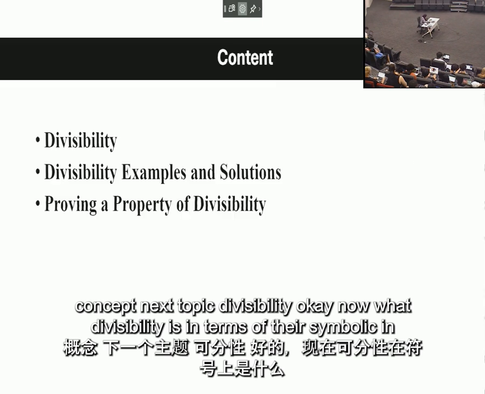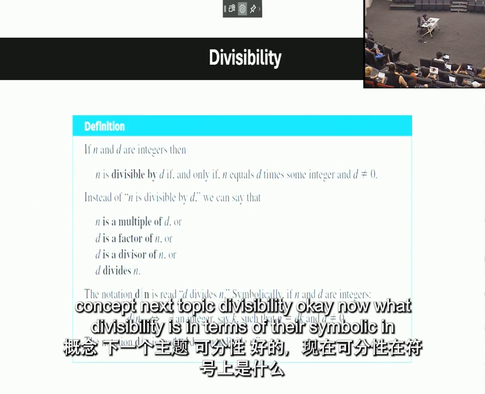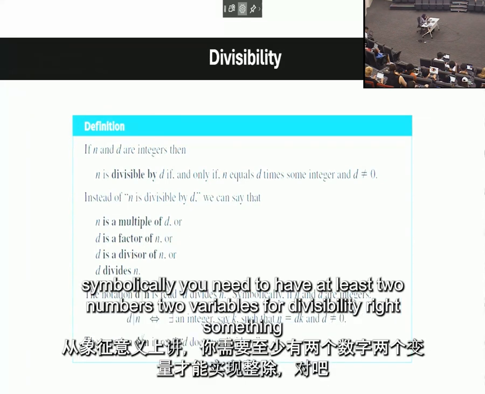Divisibility. Now, symbolically, you need at least two numbers, two variables, for divisibility, right?